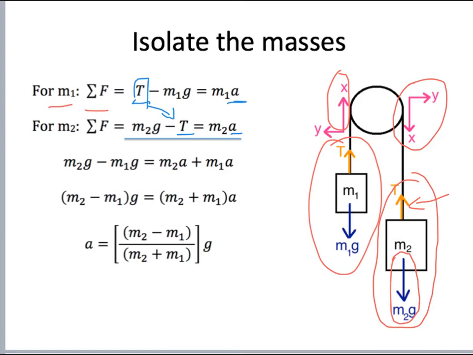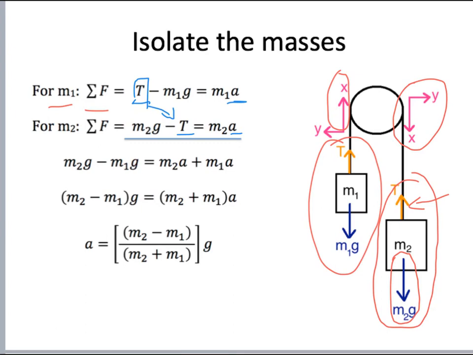So on the left-hand side, I would get T minus m1g plus m2g minus T. The T's cancel, and I'd end up with m2g minus m1g. On the right-hand side, I'd end up with m1a plus m2a. And so that's what I have here: m2g minus m1g equals m2a plus m1a.